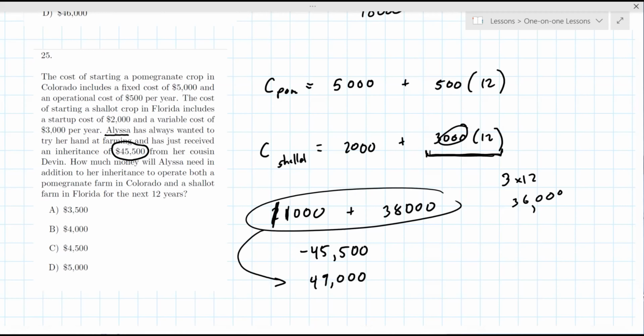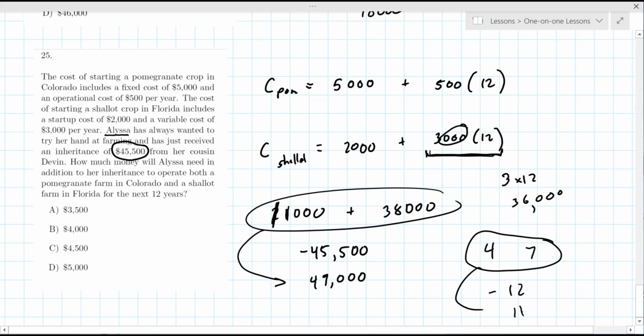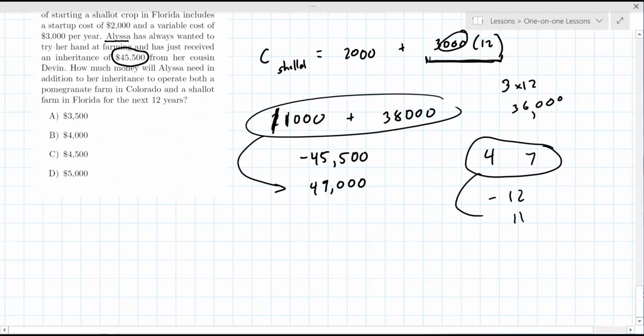It's like saying I have 4, 7, and minus 12. It's better to add these to get to 11 and then subtract the 12. But if you already have a big enough number like the previous problem, you don't need to. It's managing the numbers, and this is a skill they don't really teach, but it's needed to do these faster, is to make these comparisons. So you should get 3,500 for that.